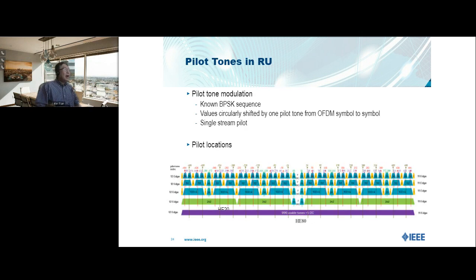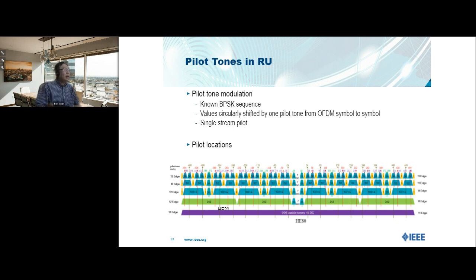We know the data tones will be determined based on the MCS, modulation and coding scheme. It will use the different coding schemes we talk about in the future, and different modulation. So how about the pilot tones? Pilot tones are transmitted in those locations, basically transmitting a known BPSK sequence.